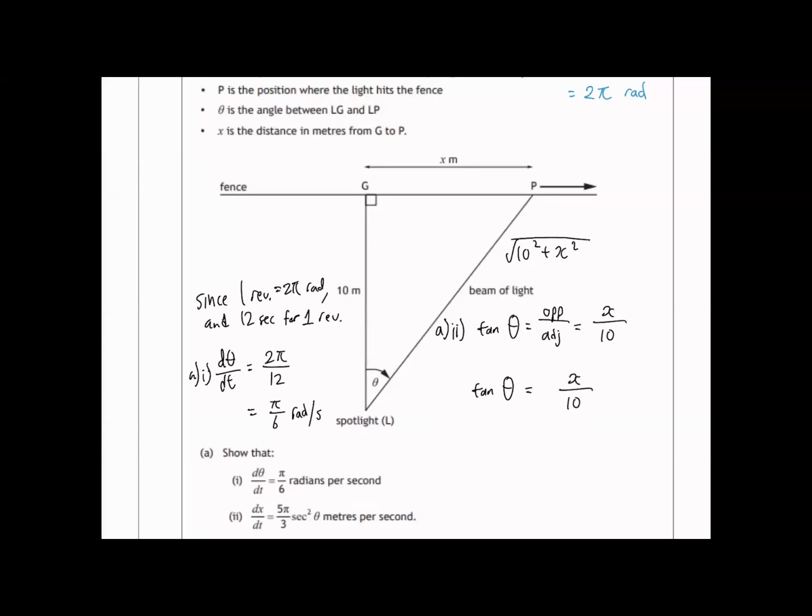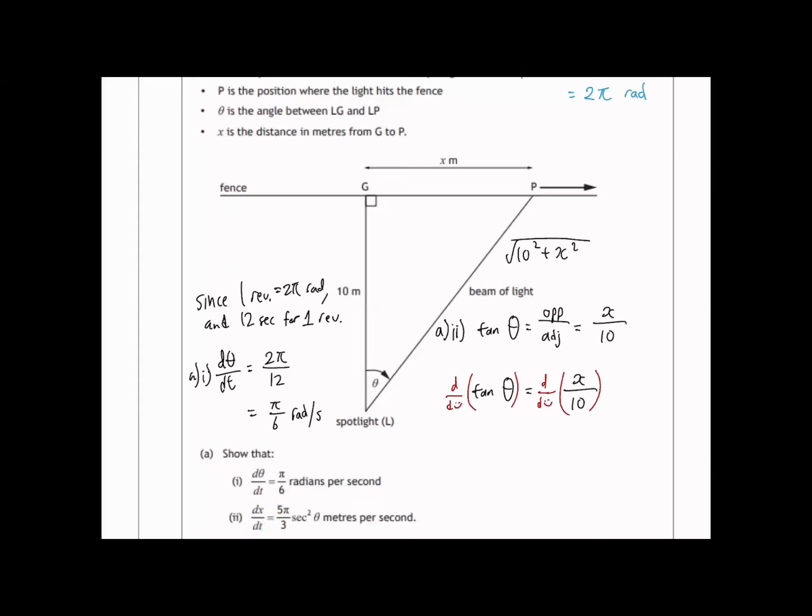How about if we just differentiate both sides of the equation? But what do you want? dx by dt.